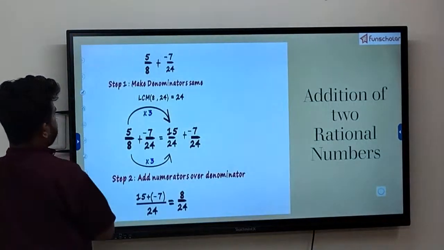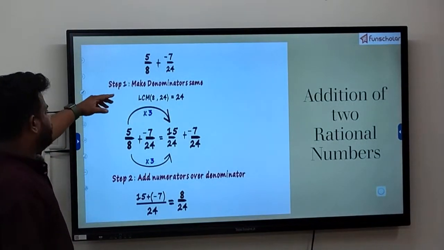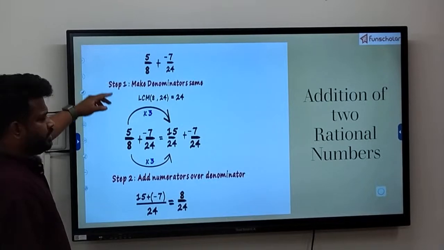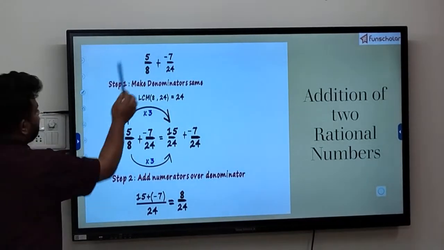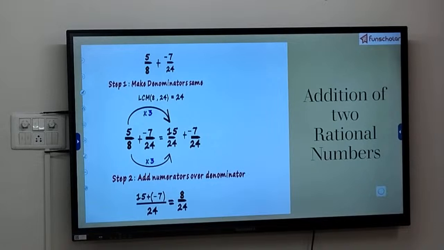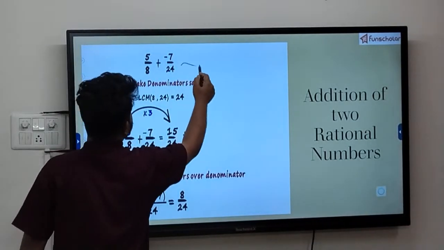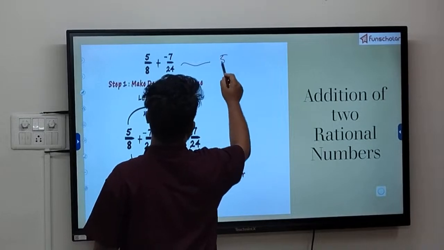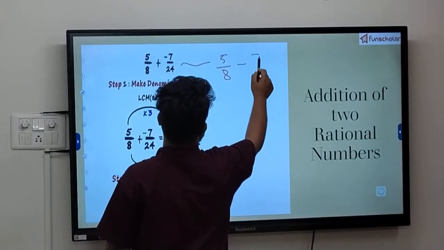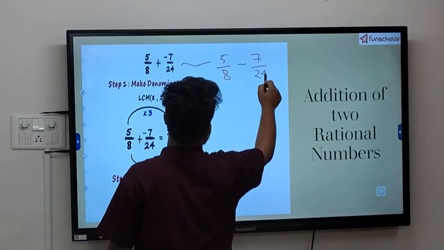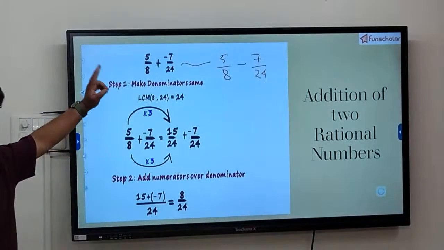Okay, the next one is also like subtraction, but it has a negative fraction, so it will also follow the addition rule. You can write it as minus 5 by 8 minus 7 by 24.